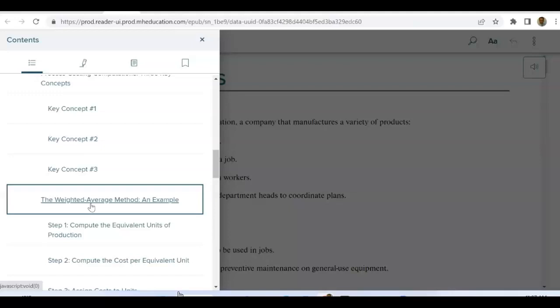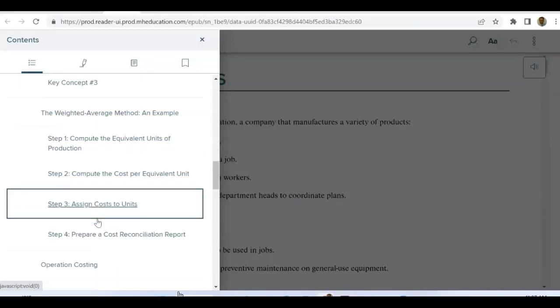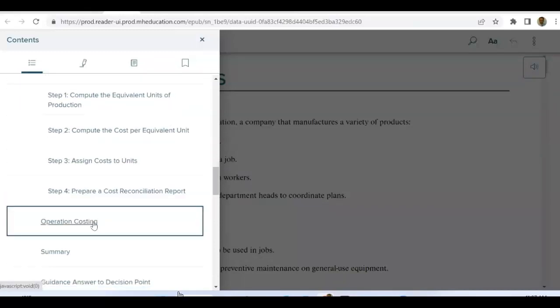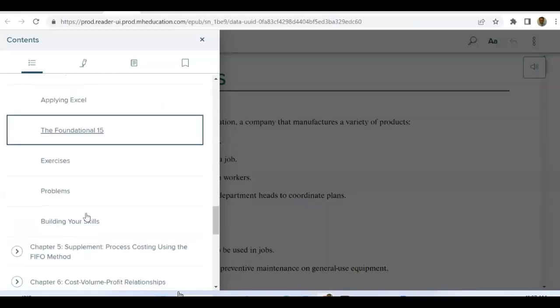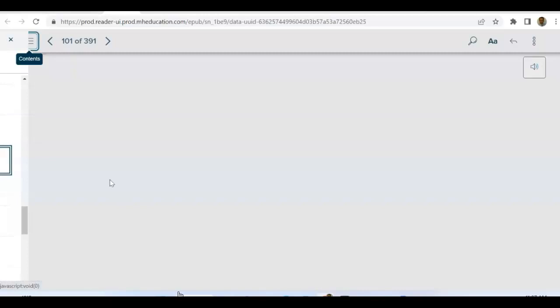If you would like to take the CPA exam one day, definitely you need to know both of them because you might get tested on either FIFO for process costing or weighted average for process costing. Okay, so let's go and learn the weighted average.